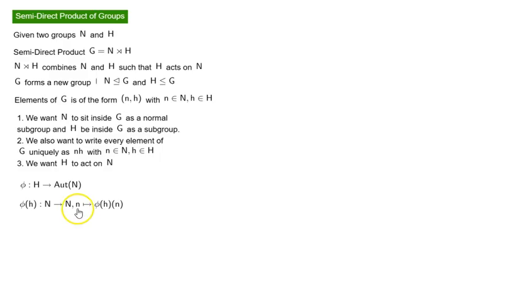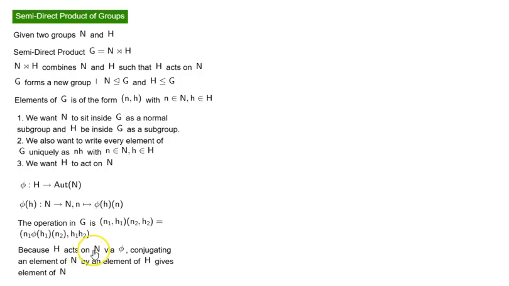So here an element n maps to phi of h of n, and the operation in G is (n1, h1) times (n2, h2) is equal to (n1 times phi of h1 of n2, h1 h2). So you see h1 is making some change to n2, or because of h1, n2 is changing in some form.